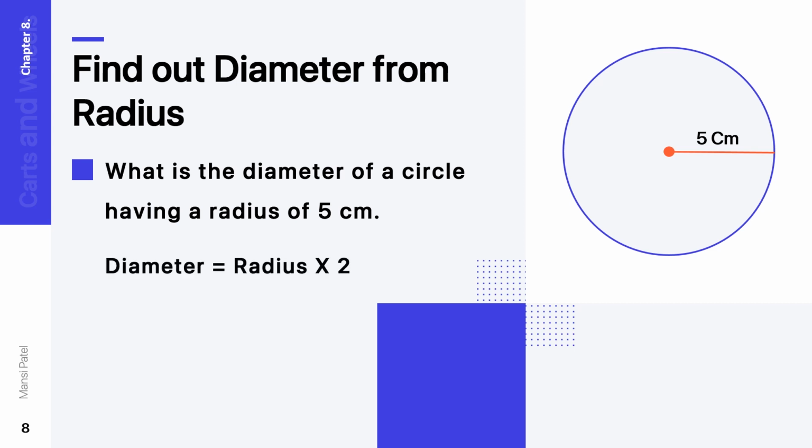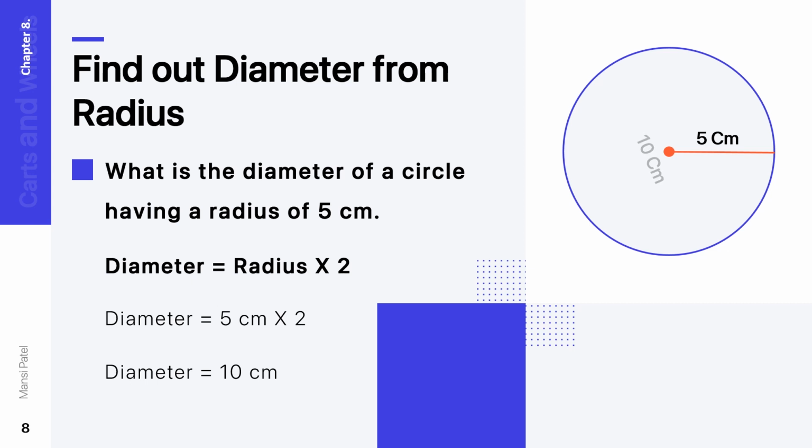And if we want to find out the diameter from the radius, then we know the formula: diameter is equal to radius multiplied by 2. So the diameter is equal to 5 centimeter multiplied by 2, and 5 twos are 10 centimeter.